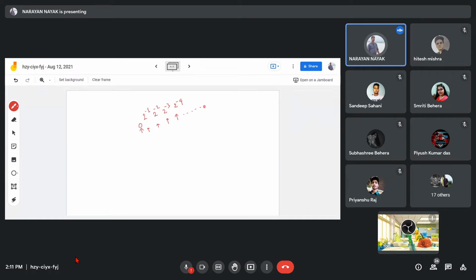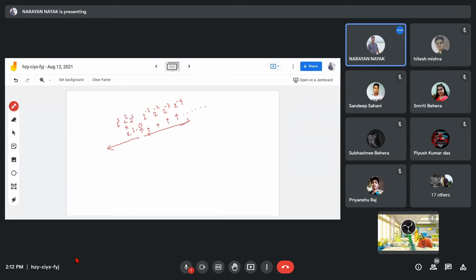So it will go this way, and this side it is a 1. So 2 to the power 1, then 2 to the power 2. Clear? 2 to the power 3. So all fractions you have to consider from here to here, and for the real number you have to consider here to here.